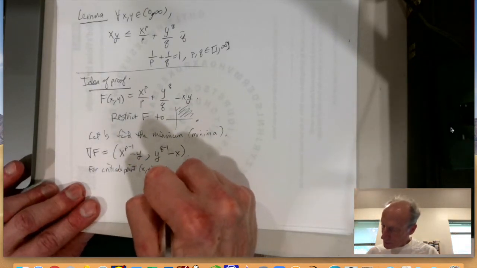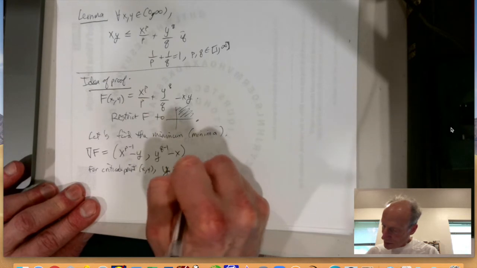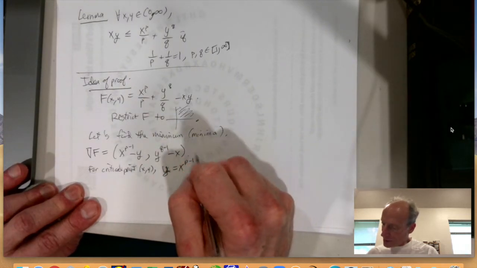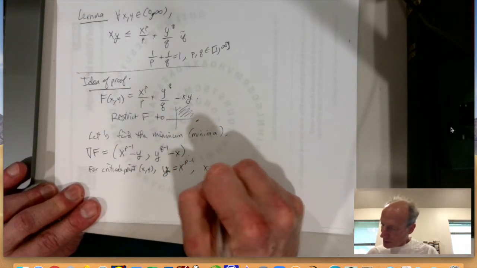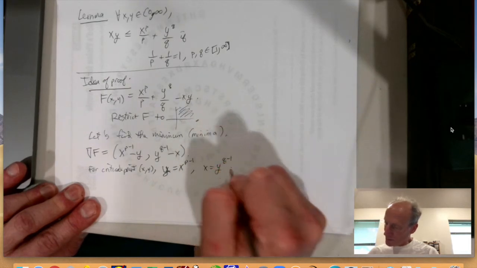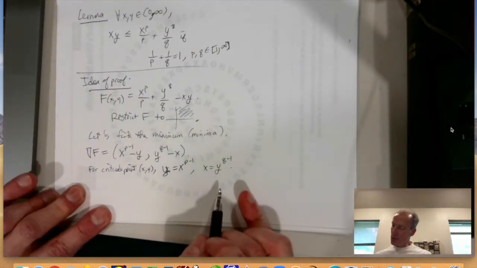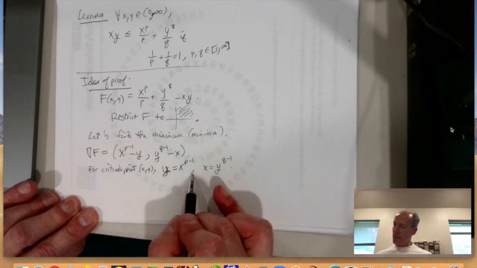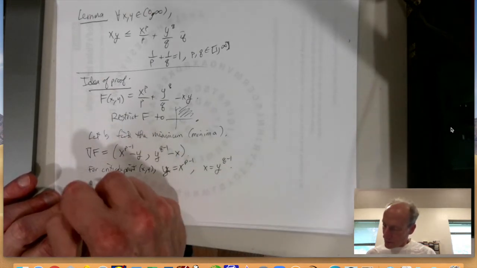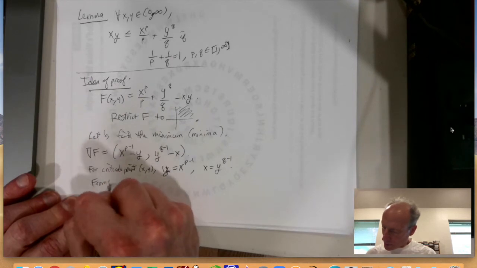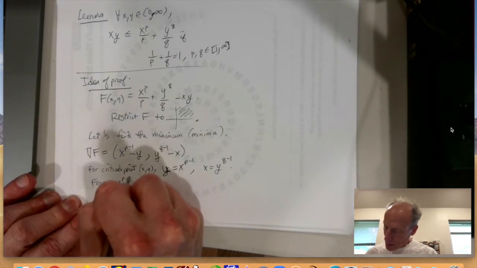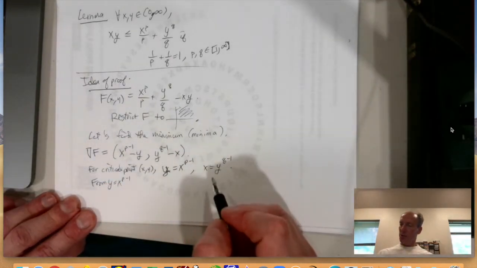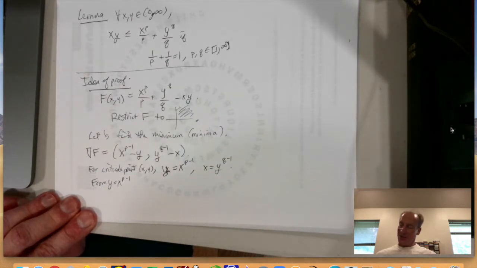So y equals x to the p minus 1, and x equals y to the q minus 1. Now, it turns out that if the first equation is satisfied, because of the way p and q are related, the second equation is also satisfied.